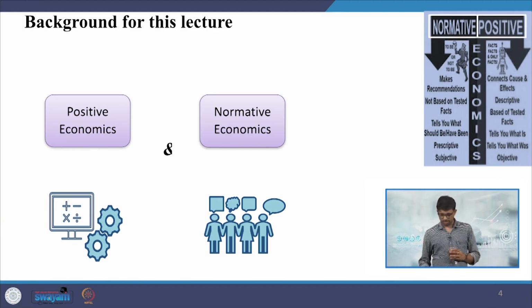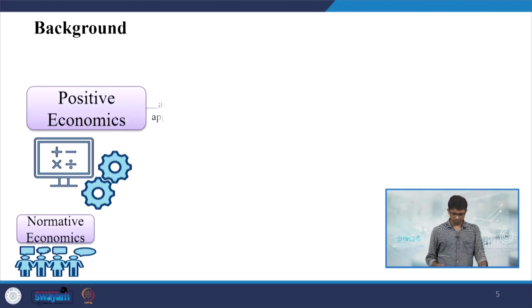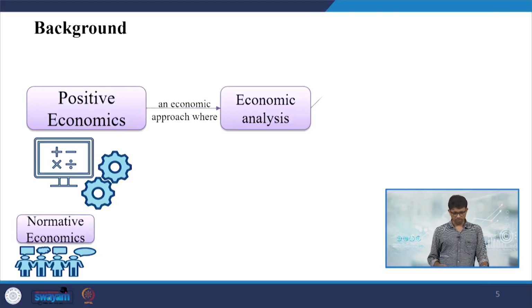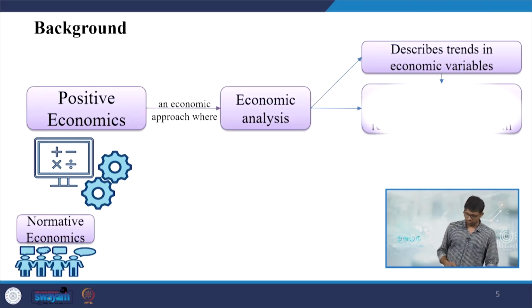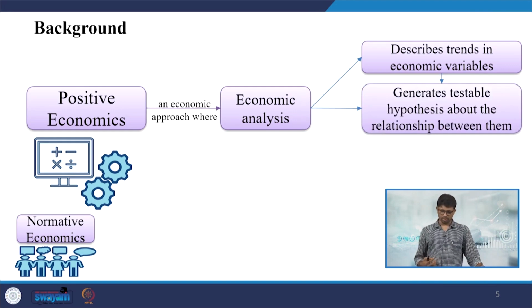Based on the normative one, we refer to the norms and principles. Whereas in the positive one, we usually refer to issues such as descriptions of economic variables like trends.